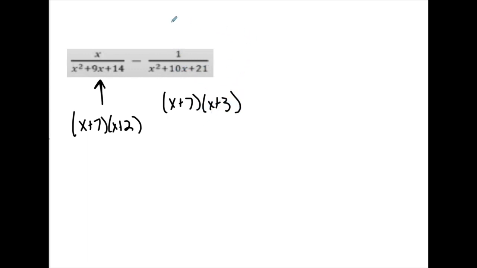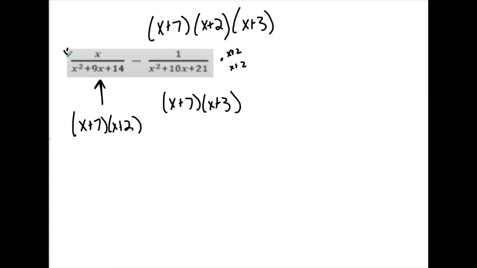So basically that means my least common denominator needs an x plus 7, an x plus 2 to work with this, and an x plus 3 so it will work with that. So this one's going to need an x plus 2, and this one's going to need an x plus 3. So not the whole denominator because there's an overlap, but some of it.